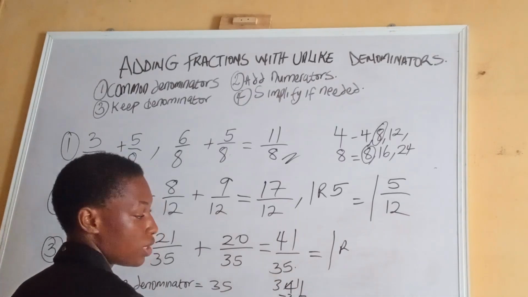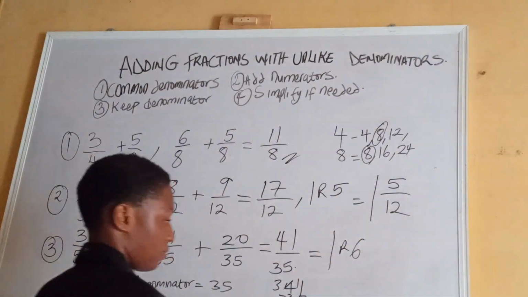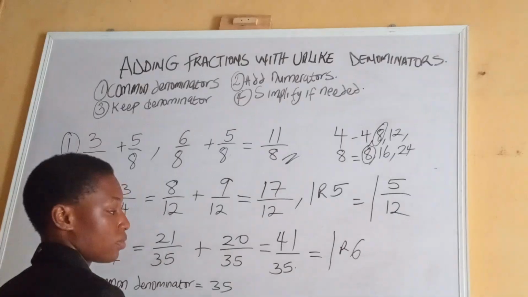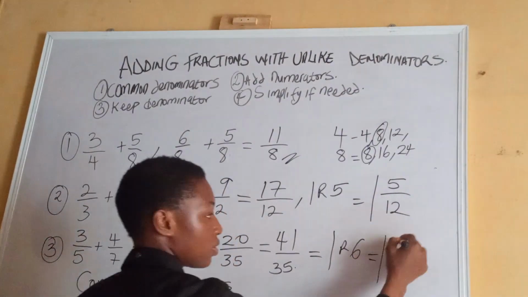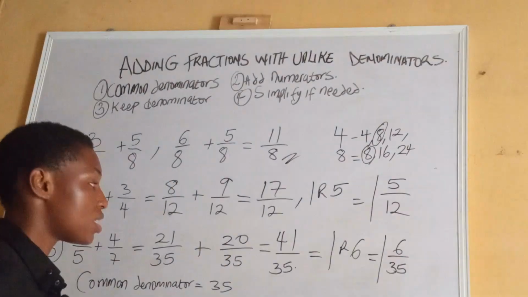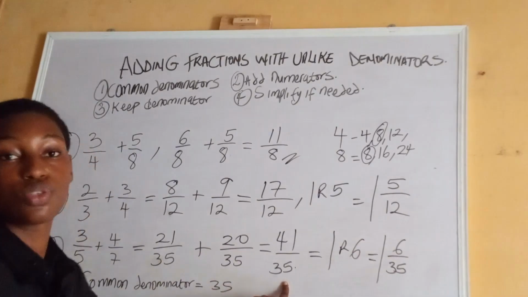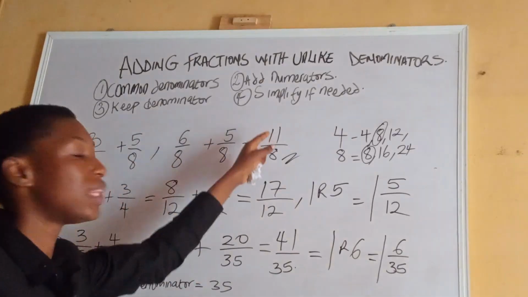This is 3, 11. So this would be 6. Remainder 6. At the same time, 1 remainder 6. That's also the same thing as 1 whole number, 6 over 35. Remember that the denominator is still the same. It's not changing.